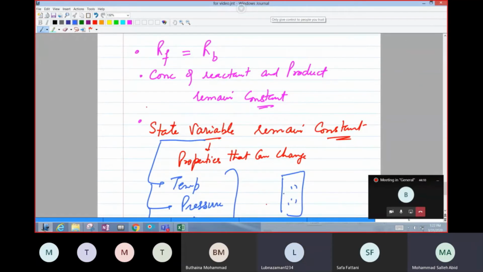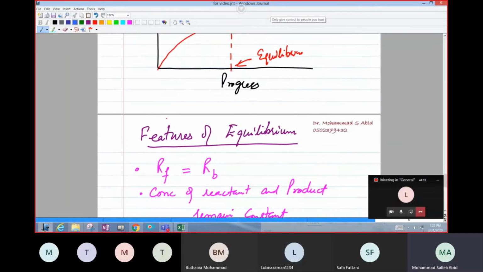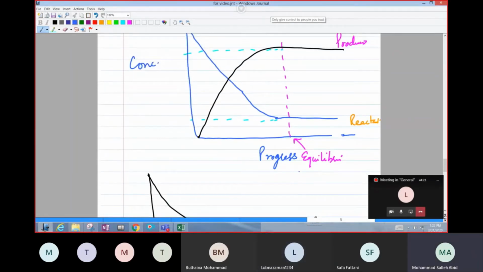Can you explain the second point, the concentration one? Concentration of the reactant or the product remains constant. This is what I have explained over here. Once the equilibrium is achieved, the speed at which the reactants convert into products is the same speed at which the products convert into reactants. So what is happening is there is no change.